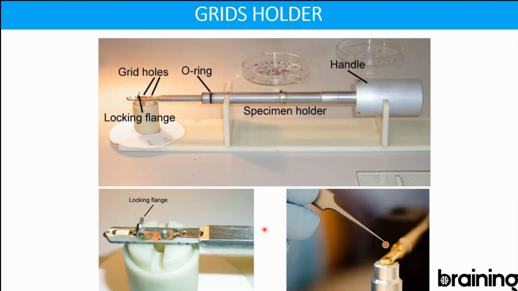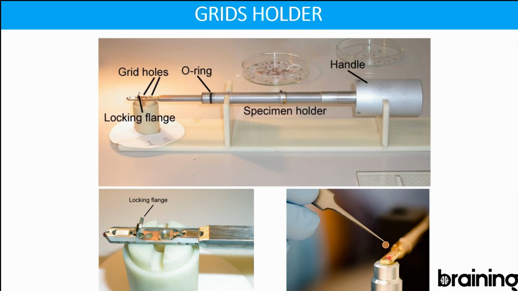And now we're going to get our grid, with the sample that we already have on it, into the microscope. So here you have the specimen holder that we're going to introduce in the microscope. As you see, we have a handle here, we have an O-ring, and at the edge of this handle we have these two little holes where we're going to put our grid.